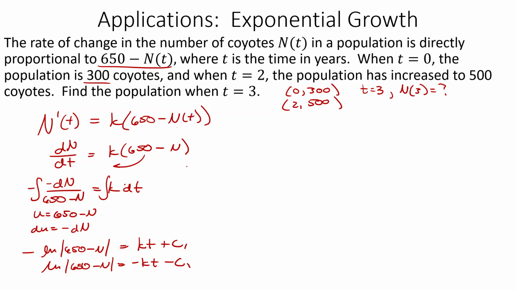All right, we take the e of both sides. So we get 650 minus n equals, we'll call this other c, maybe, I'll just call it c2, sure, e to the negative kt. And subtract the 650.